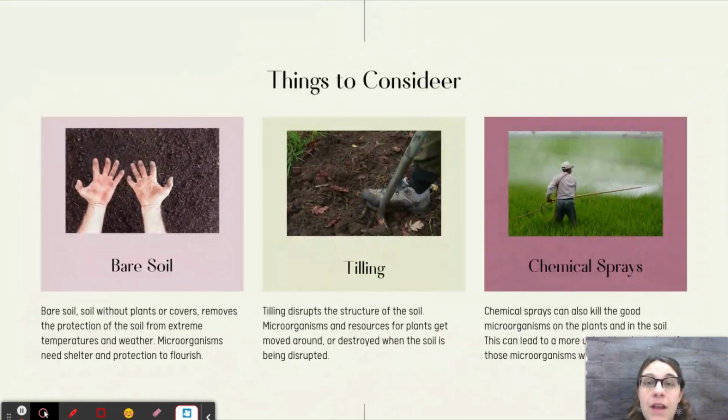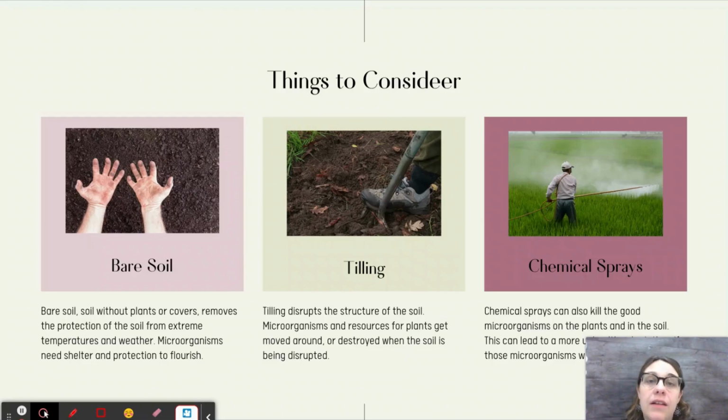So, I'm not here to tell you how to farm, how to run your garden, but I do want you to consider these 3 things. Having bare soil. Bare soil without plants or covers removes that layer of protection of your soil to all the living things in the soil.